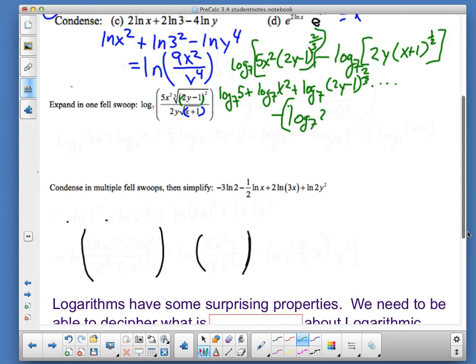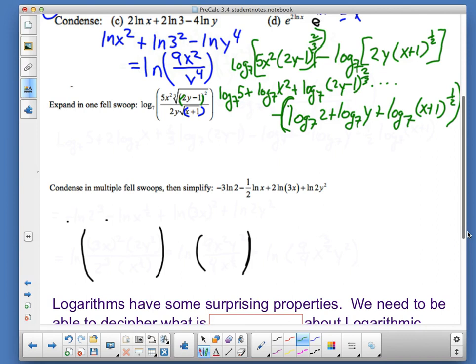Log base 7 of 2 plus the log base 7 of y plus the log base 7 of x plus 1 raised to that 1/2 power. And then I've got to finish my parenthesis, because all that has to have a negative distributed. Okay? Are you okay with my expansion so far?